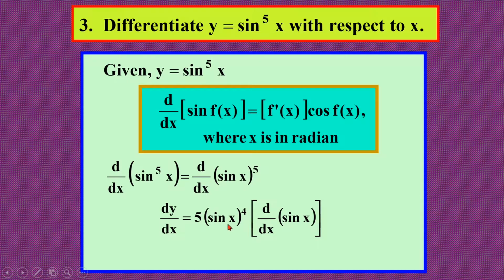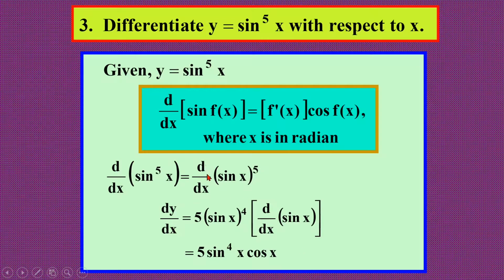Then I will differentiate whatever is inside this bracket, which is sine x, following the formula for differentiation of sine x. So I will get cos f(x), which in this case is only x. When I differentiate x, I get 1. So my answer remains like this, and I just put it into a proper form.